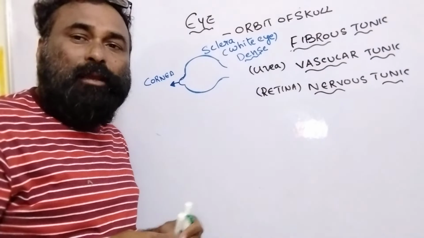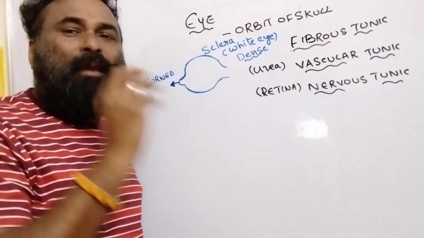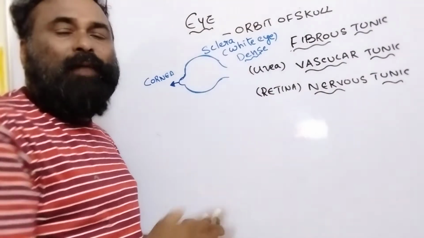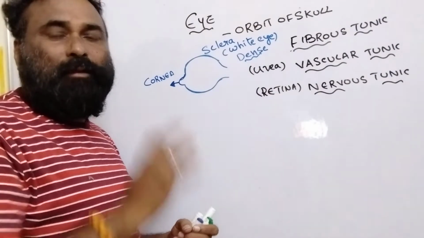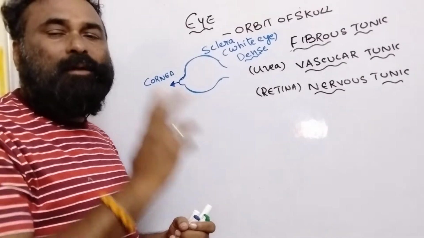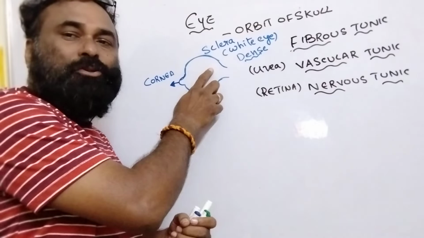Concerning the fibrous tunic, the points NEET may ask are: what is the outermost covering of the eyeball? Fibrous tunic. What are the two important parts of the fibrous tunic? Anterior cornea, posterior sclera.